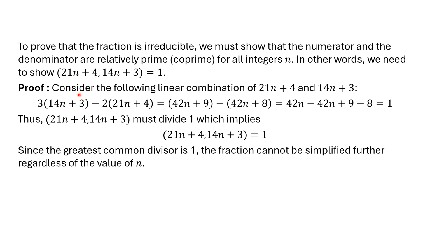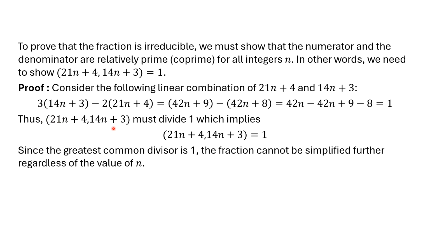So using our hint, consider the following linear combination: 3 times 14n plus 3 minus 2 times 21n plus 4. Then this gives us 42n plus 9, and this gives us 42n plus 8. And when we subtract, the 42n's cancel, and we just get 9 minus 8, or 1.